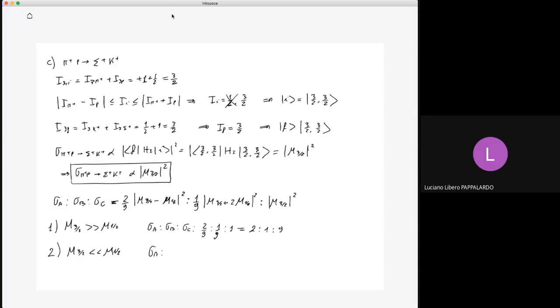Then in this case, sigma A to sigma B to sigma C will be 2/9 to 4/9 to 0, or equivalently 2 to 4 to 0, or even 1 to 2 to 0. So the second will be double the first one, and the third one will be 0 in this case.